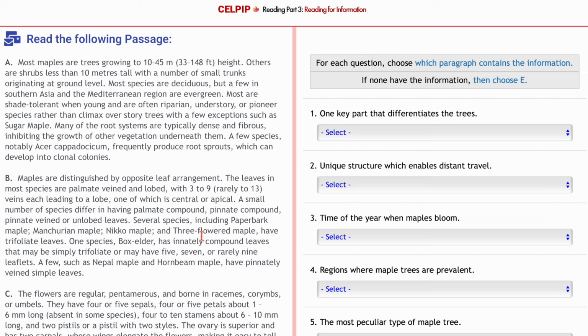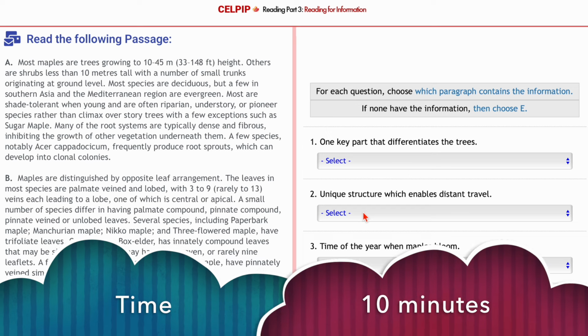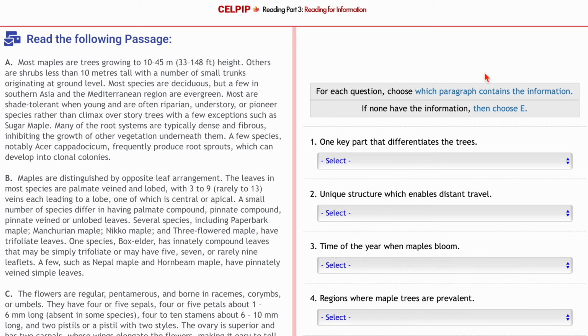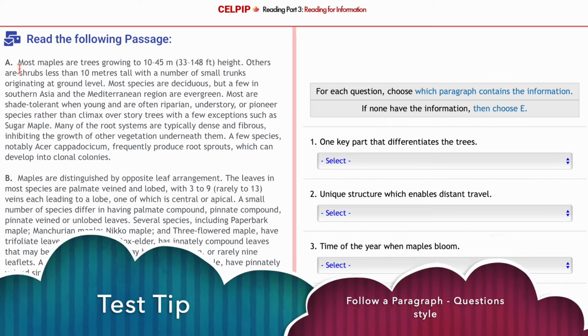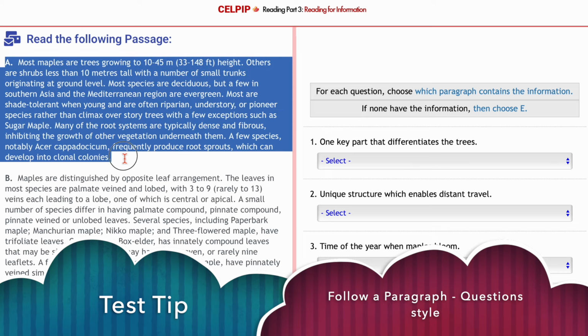That's a very good way for us to do this analysis together. Before we get started, I want to remind you that we have 10 minutes for this part. We're not going to follow the time here, but in the real exam, you will have 10 minutes. So I'm going to give you a quick tip that I think is very important and one that I'm going to follow. I'm going to read, or skim and scan, paragraph 1.